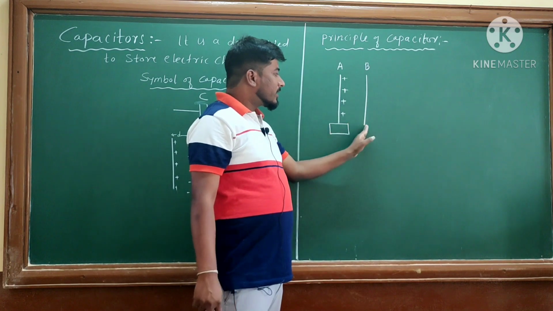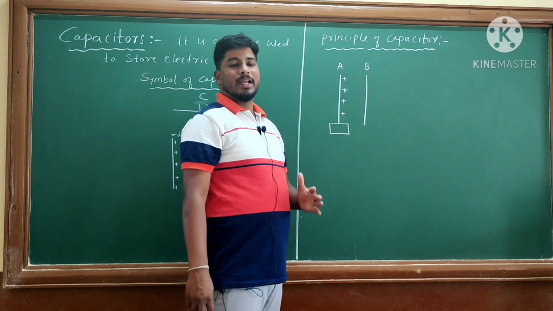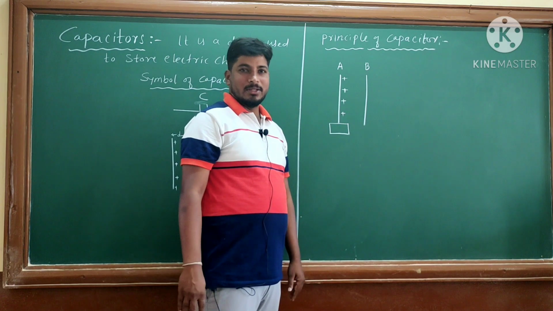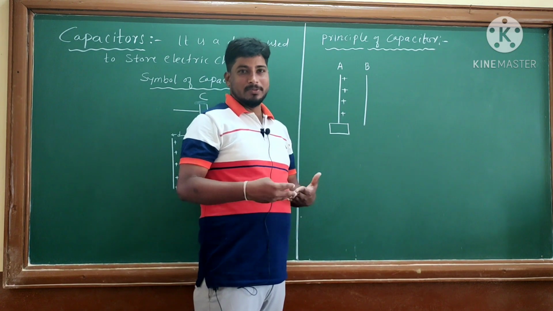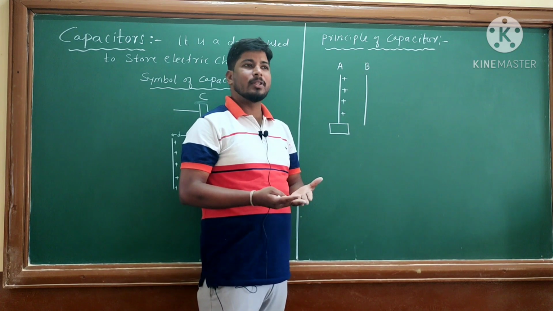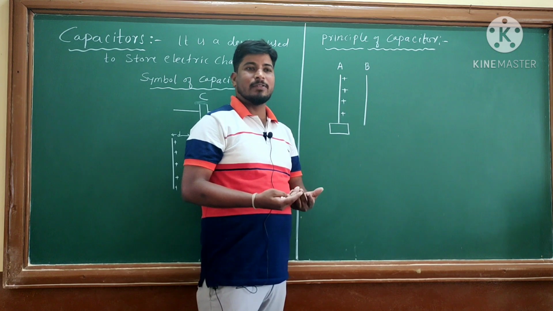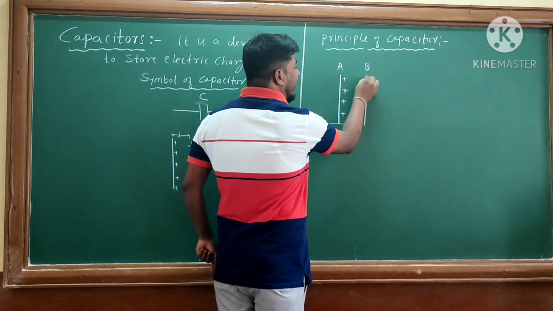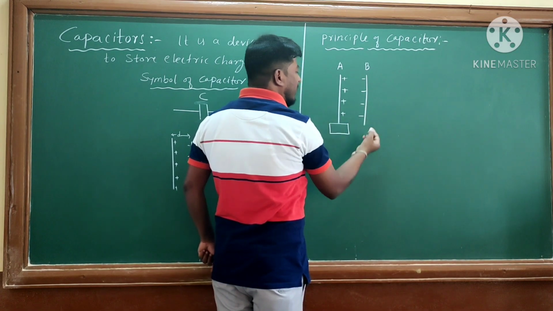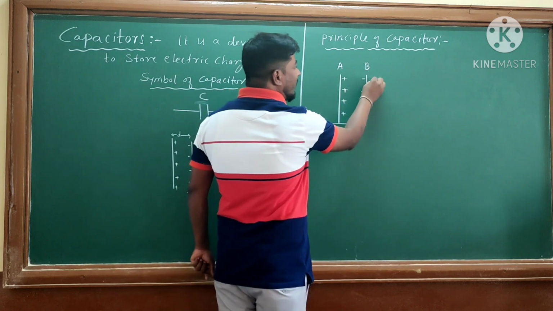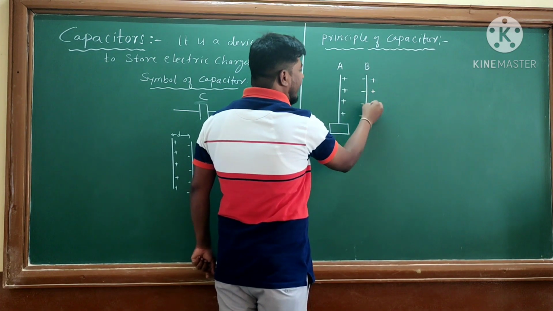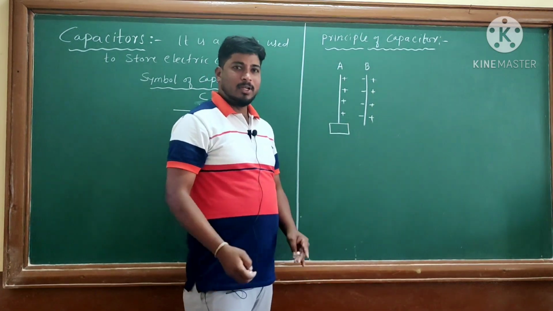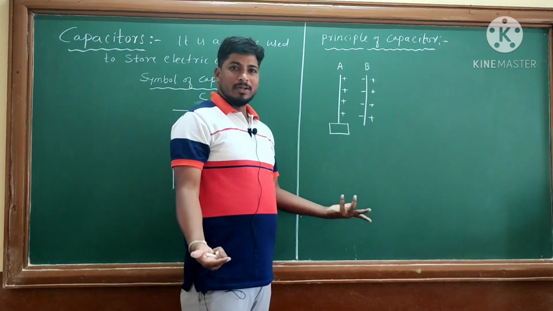We know that in this conductor there are positive charges and negative charges, an equal number of each. So by the method of induction, which we studied in the first chapter, negative charges are induced at one face of this conductor and an equal amount of positive charges are produced on the other face. Hence it becomes neutral.